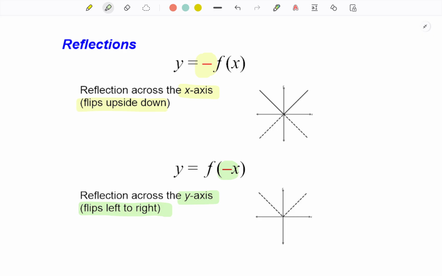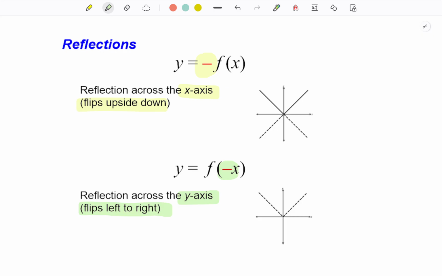The only functions that you're really going to see this with probably right now are the linear functions. This is actually what changes your slope and kind of makes it look like it's going downhill instead of uphill.